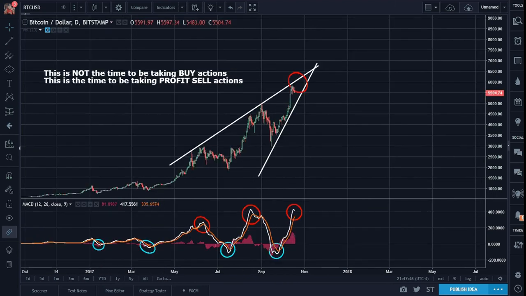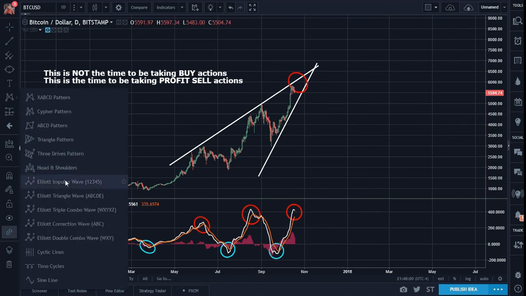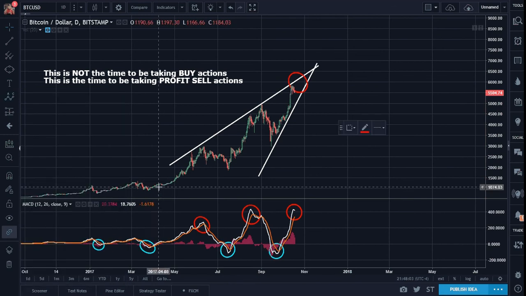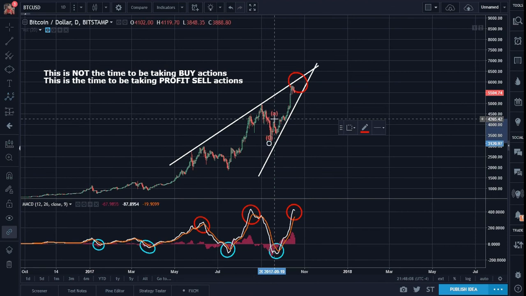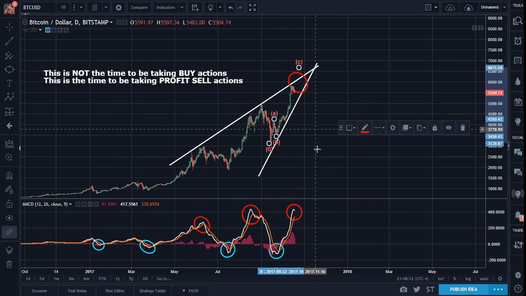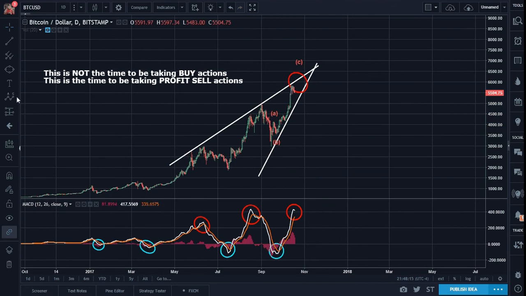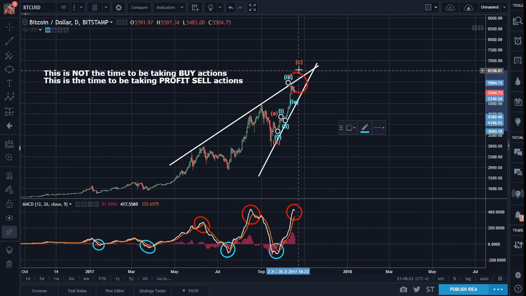Did I label that here? I labeled it here. So that counting will look like A, B, C, 1, 2, 3, 4, 5.